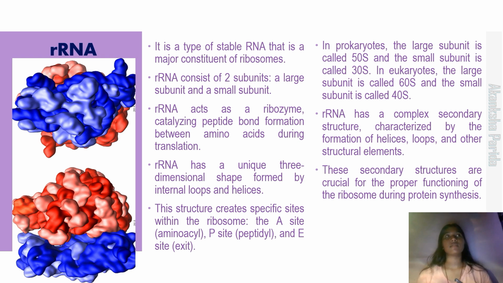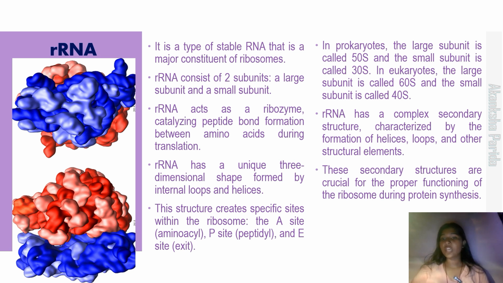rRNA has a unique three-dimensional shape formed by interloops, and the structure creates specific sites within the ribosome, that is the A site, P site, and E site. A site is the aminoacyl site, P is the peptidyl site, and E is the exit site. In case of prokaryotes, the large subunit is 50S and the small subunit is 30S.